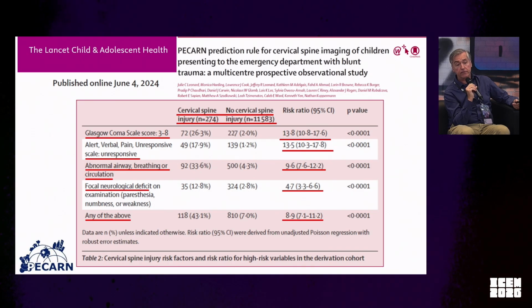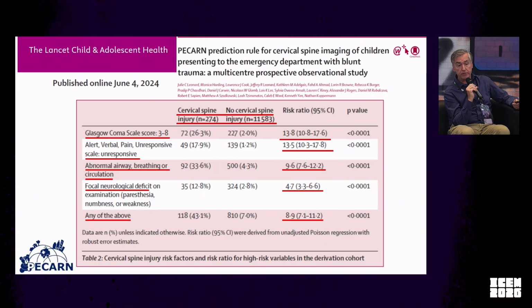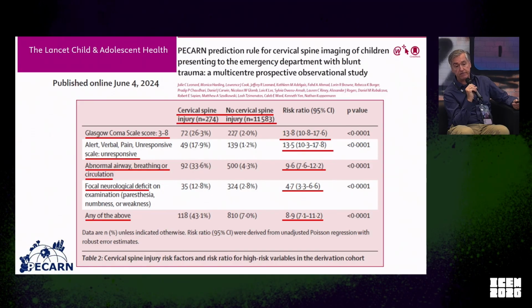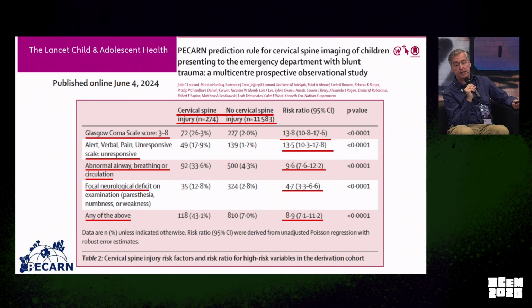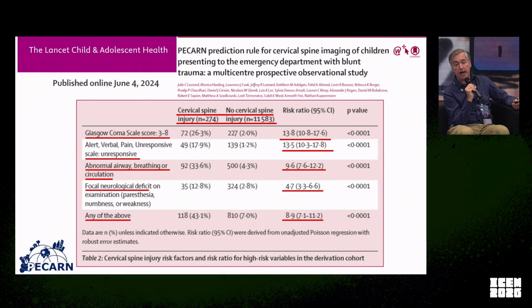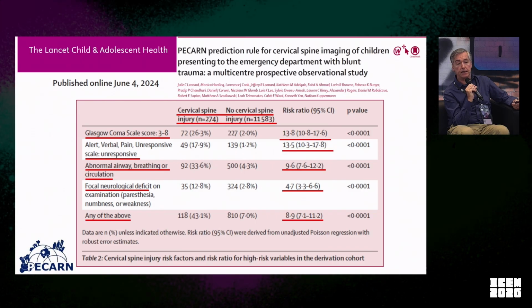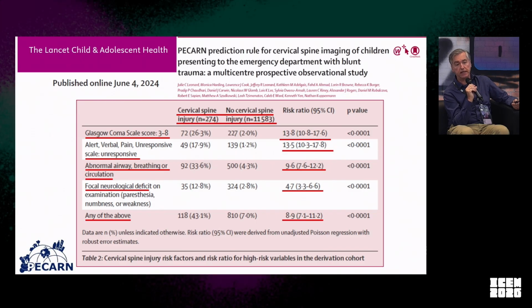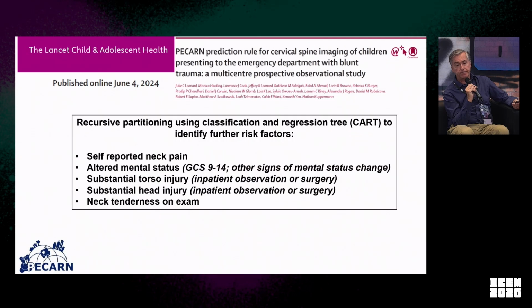Glasgow Coma Scale 3 to 8, abnormal airway, breathing or circulation, focal neurological deficit, or any of the above. And if you look at the risk ratios in the column that's underlined, you can see that these were very high-risk conditions that made it more likely that there was a cervical spine injury.